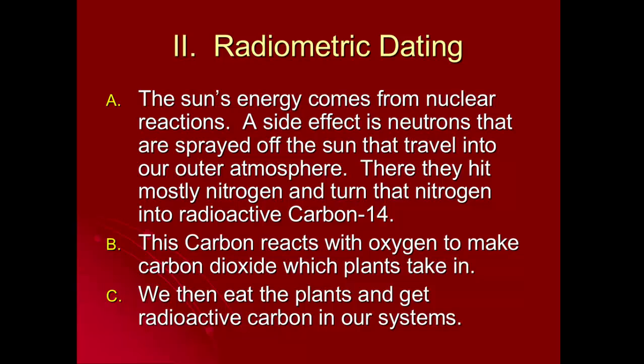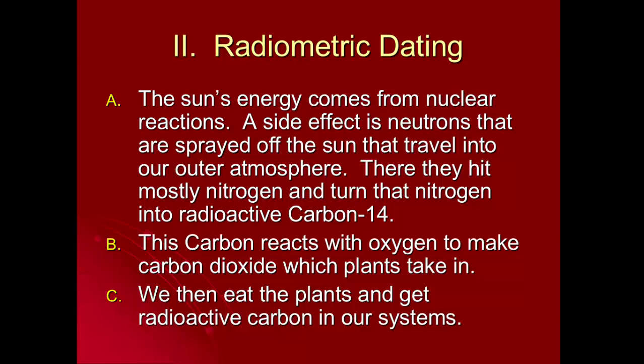This carbon-14 reacts with oxygen to make carbon dioxide. And you'll remember we breathe out carbon dioxide. Plants suck in carbon dioxide, and so plants will sometimes absorb a small portion of carbon dioxide that has carbon-14 from the atmosphere. And then we eat the plants, or the animals we eat the plants.